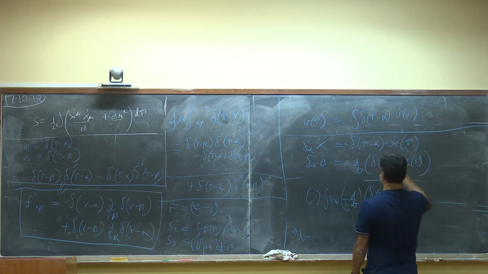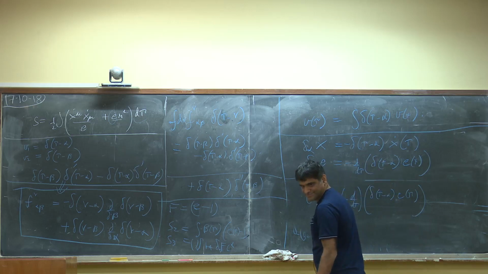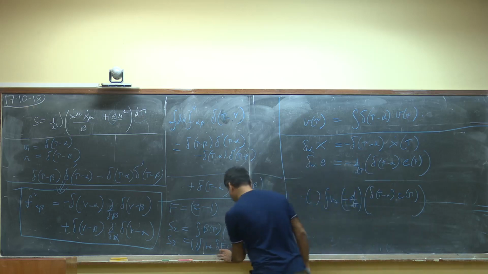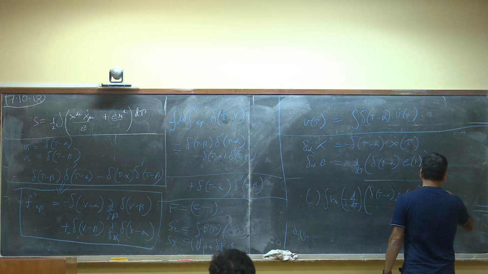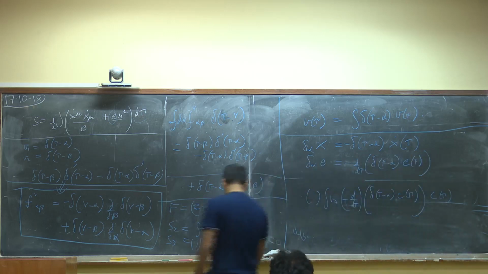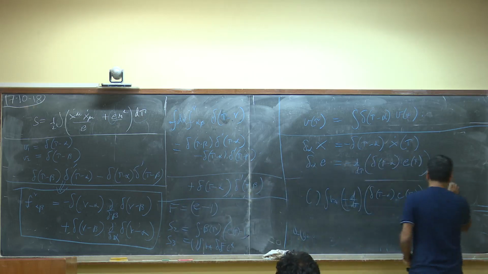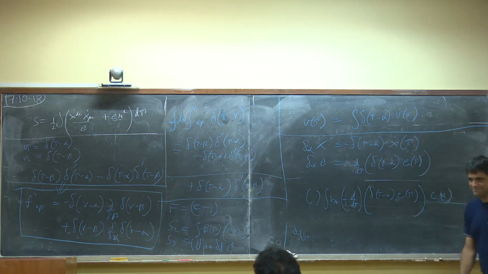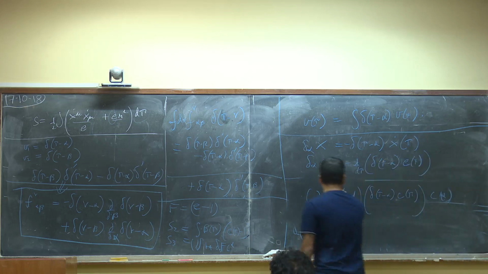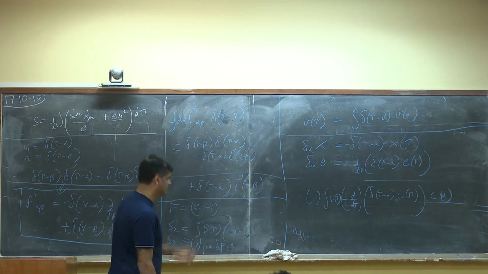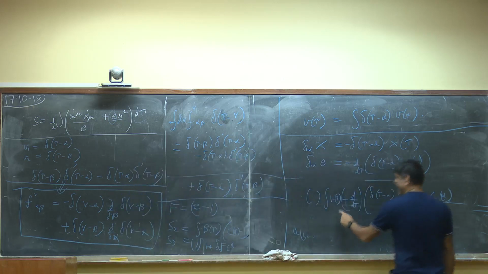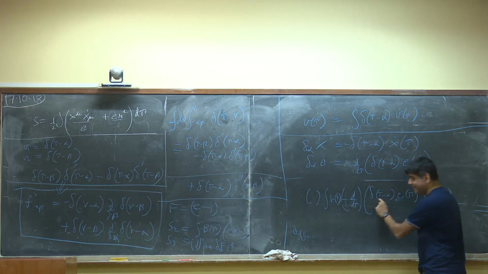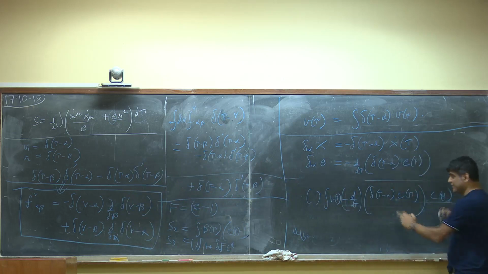This was e, e of tau, times C of alpha. This A index, I'm sorry, this was also tau. So the capital A index was really tau, and the C index was the alpha.